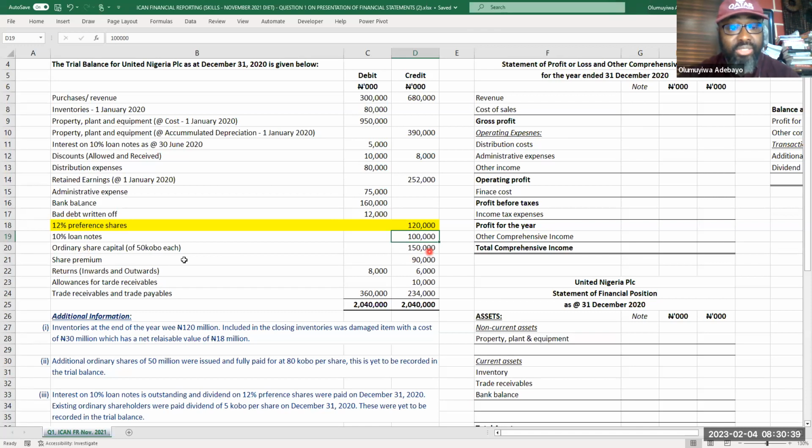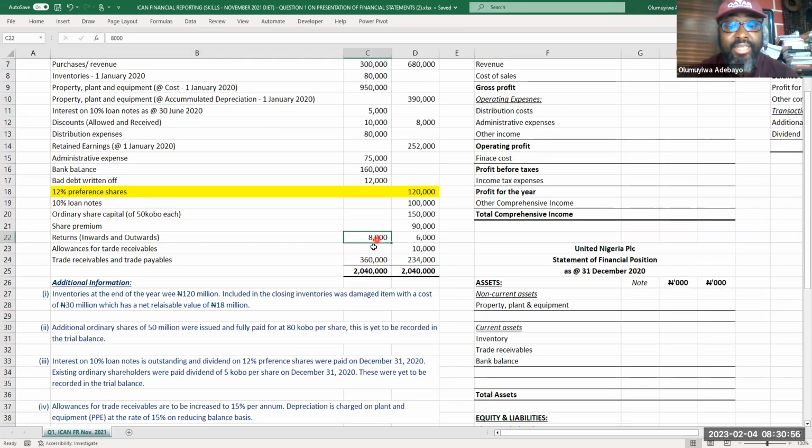Our ordinary share capital, the nominal price is 50 kobo per share. We have share premium, and we have returns. Also, ICAN did not tell us whether it's return inward or outward, but return speaks to the fact that the one you have on the debit is more or less like an expense, but it's not an expense in this case.